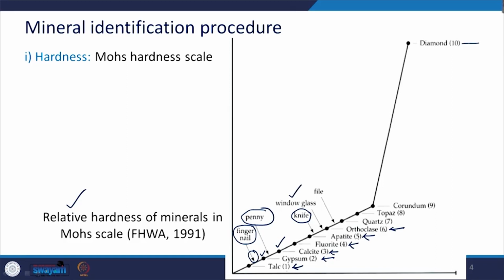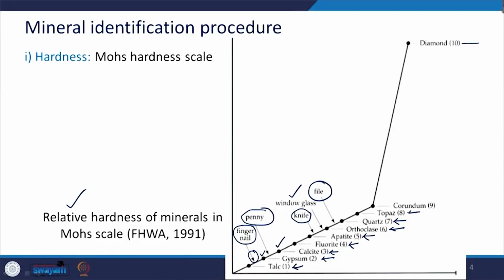The next one is quartz with the relative hardness number 7, and in between orthoclase and quartz the file comes into the picture. That means the file has a hardness somewhere in between 6 and 7. It is the relative hardness.